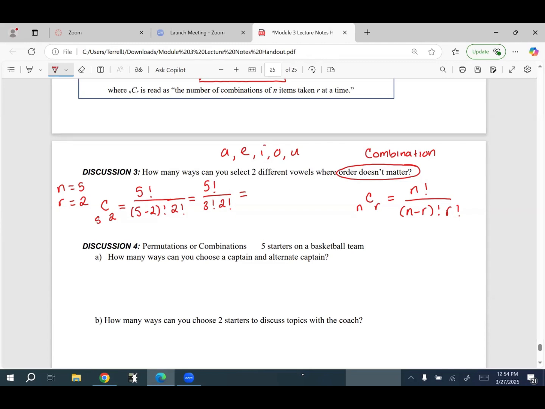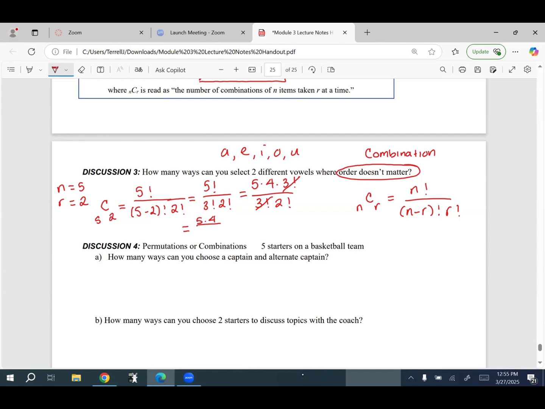So when I break down 5 factorial, I'm going to go up to 3 factorial. The reason why is because there's a 3 factorial in the denominator, and I want that to cancel. And so I'm going to go on the bottom here. 5 times 4 is what I have on the top.